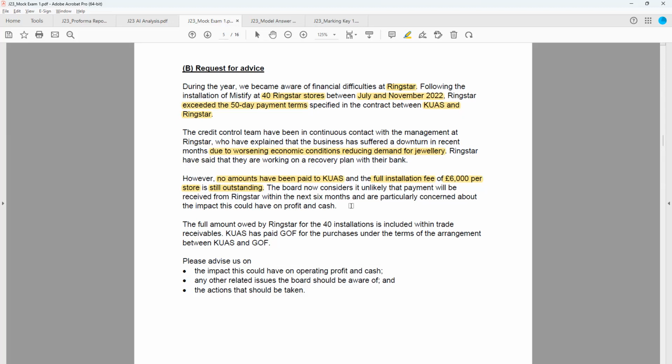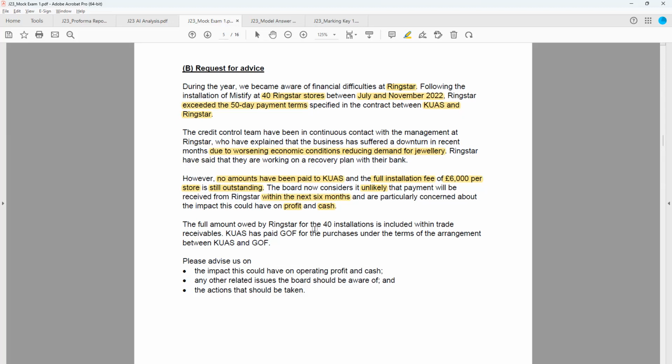The board now considers it unlikely that payment will be received from Ringstar within the next 6 months, and are particularly concerned about the impact this could have on profit and cash. So I don't think that's suggesting that they think it's unlikely that they'll ever receive payment, but it certainly says that. So a little bit unclear about whether they're actually going to receive payment or not.